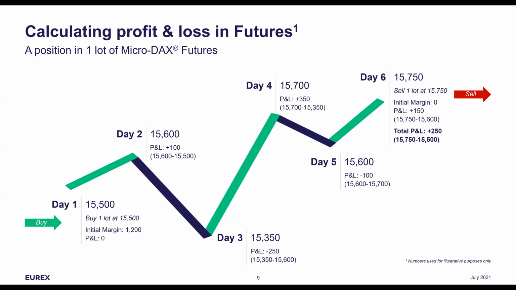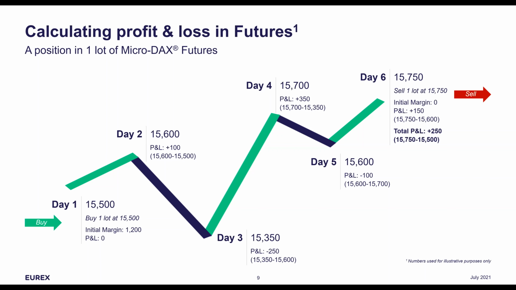Let's assume I have a bullish idea of the market. In that case, I would go long with the futures contract. Let's assume we're buying, in our example, a futures contract at a price level of 15,500. So we need to pay the margin. And let's say we're buying 1 lot.